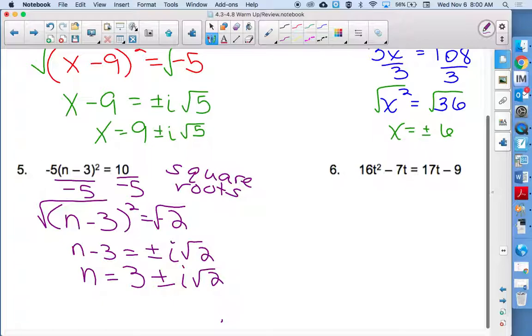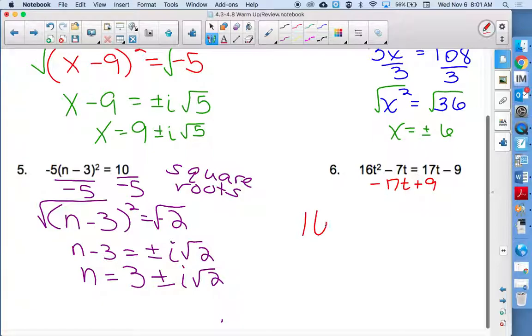So Peter, what would you do to start the last problem? Make it equal 0, yeah. How would you make it equal 0? Perfect. So let's do the subtracting 17t and adding 9. Again, just to keep it positive on that side.